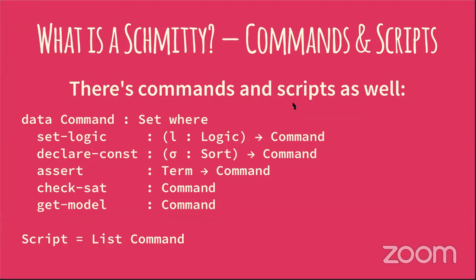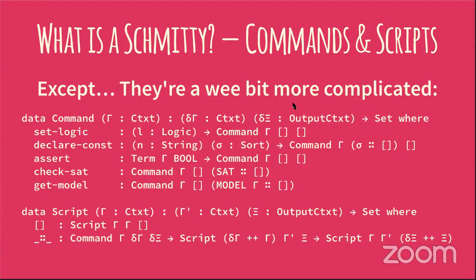Check-sat tells the SMT solver to go and check if the whole set of assertions is satisfiable. And get-model instructs the SMT solver to also return a model for the particular set of variables that you've declared with declare-const. Except again, this embedding is well-typed by construction, so it gets significantly more complicated.